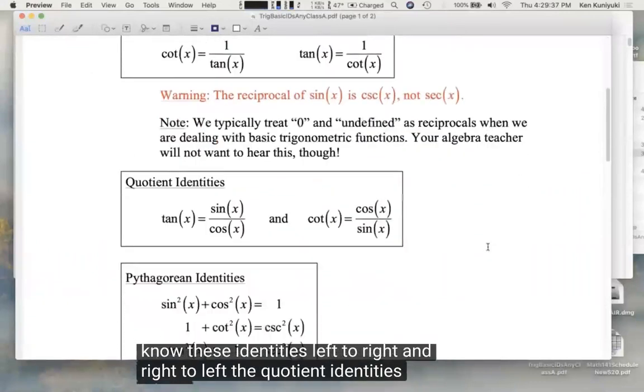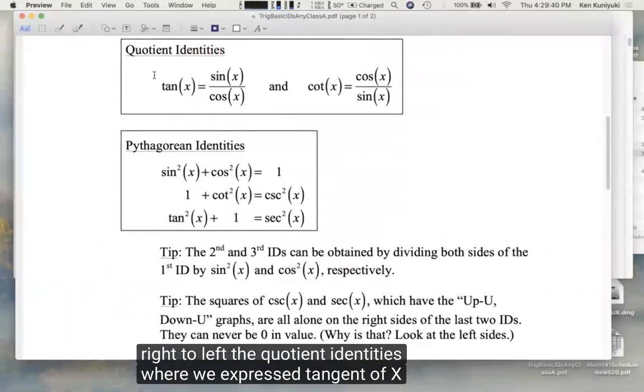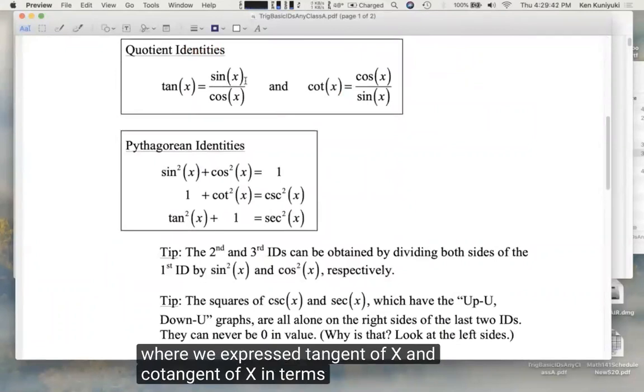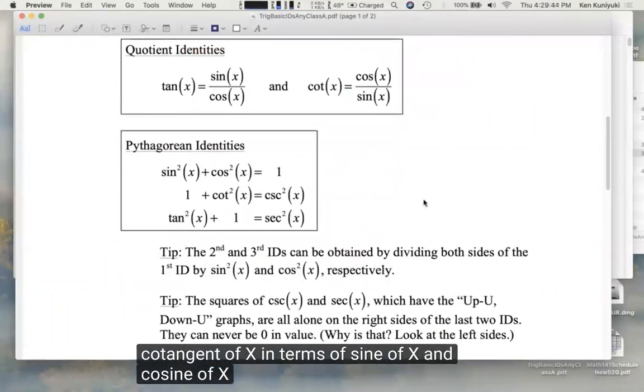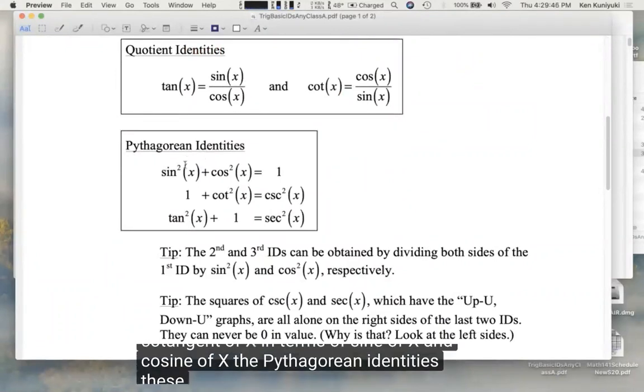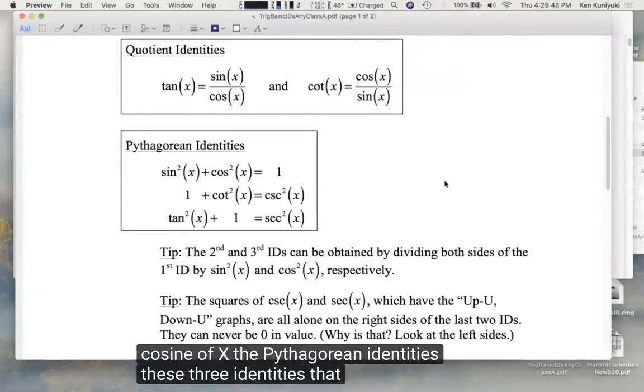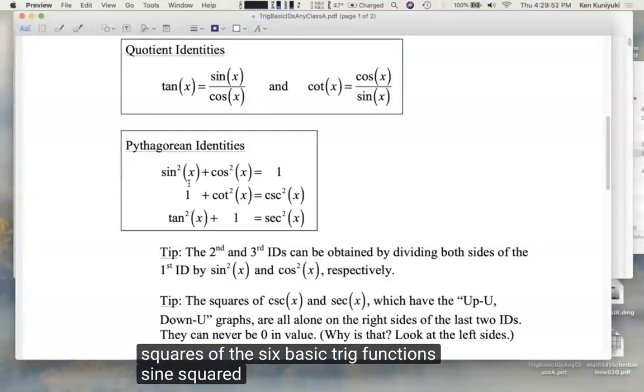The quotient identities, where we expressed tangent of x and cotangent of x in terms of sine of x and cosine of x. The Pythagorean identities, these three identities that involved the squares of the 6 basic trig functions. Sine squared of x plus cosine squared of x equals 1.